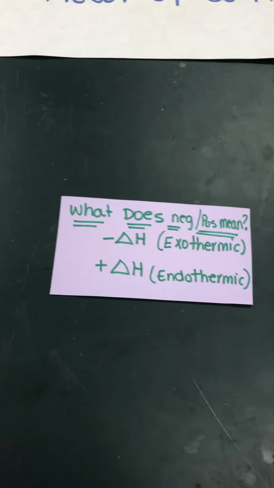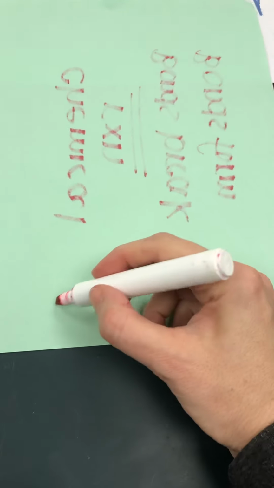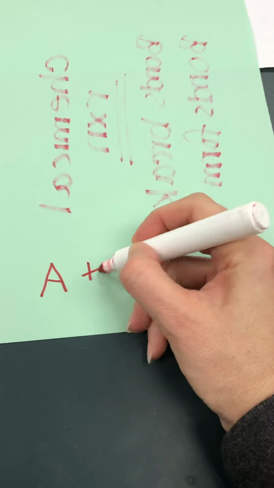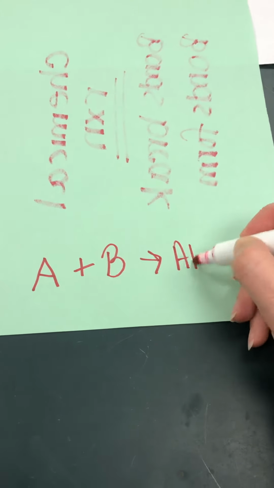Now, the way these chemical reactions will appear, or where you'll see that change in H put, so let's get ourselves a nice clean paper, is you will see that A plus B yields AB. So I'm just using that last reaction.